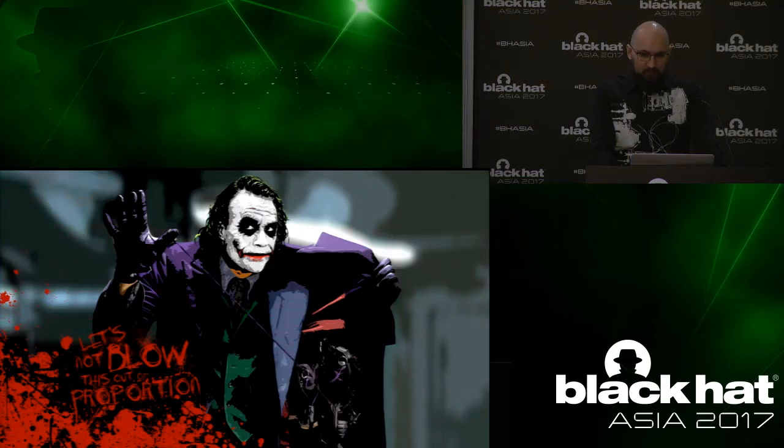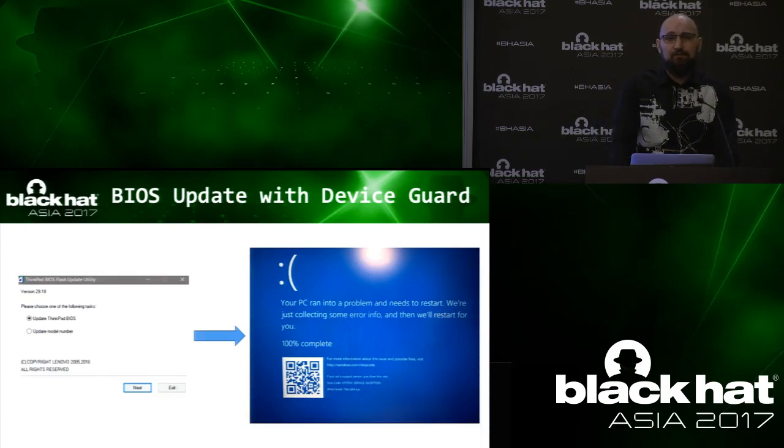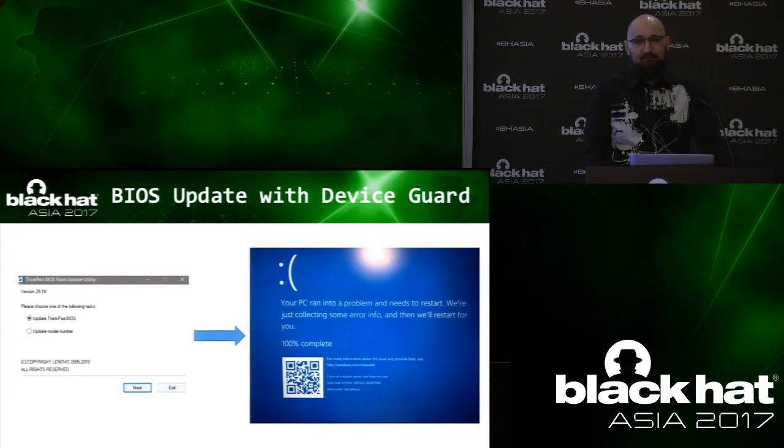But okay, what will happen if we run a BIOS update with BIOS Guard enabled? It will be like DoS to the operating system because of the issue inside the Dixie driver, which is locked to read and write some specific variables used by the operating system level, and the BIOS update tries to modify that through the normal process, and we just have a blue screen, which is kind of fun.